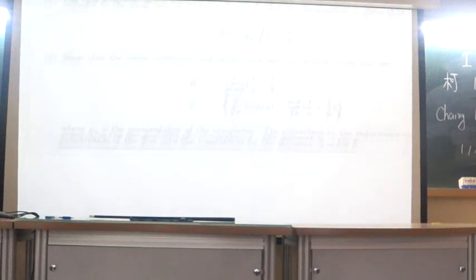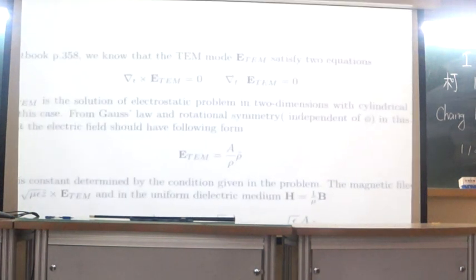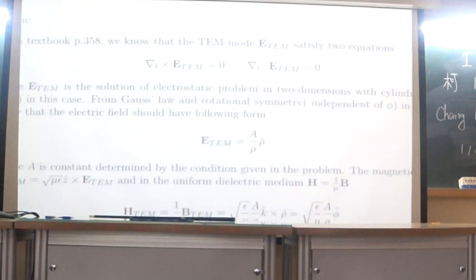So from the textbook, page 358, we know for the TEM mode, the electric field will satisfy these two equations: the curl of the electric field is equal to 0, and the divergence of the electric field is equal to 0.